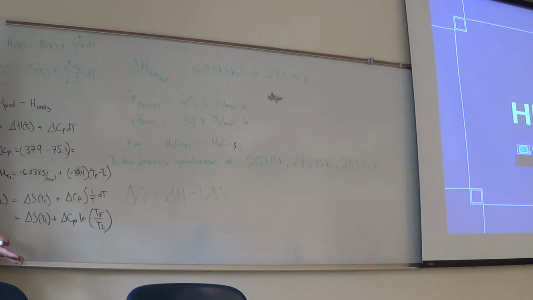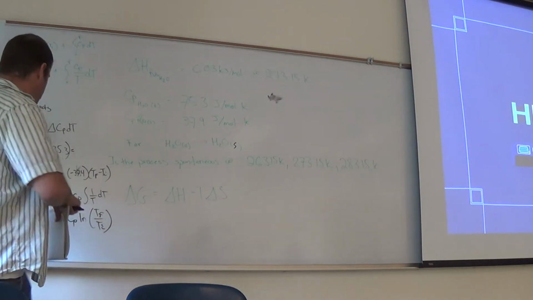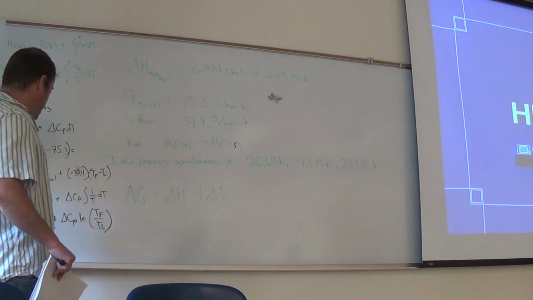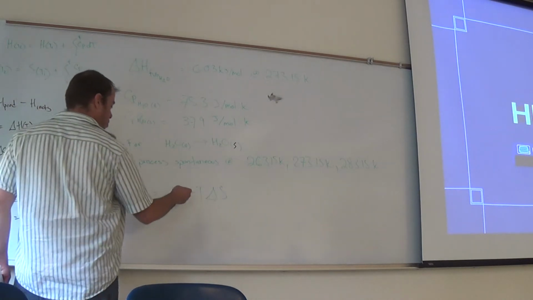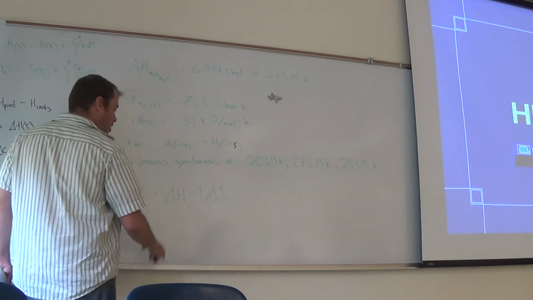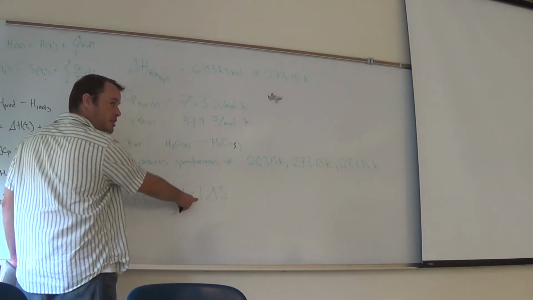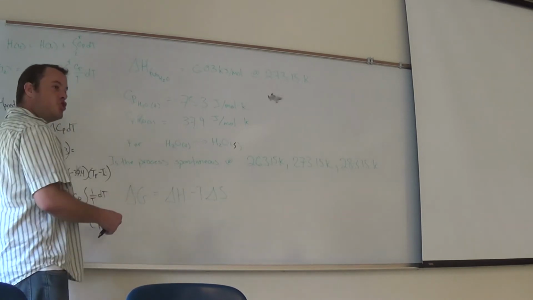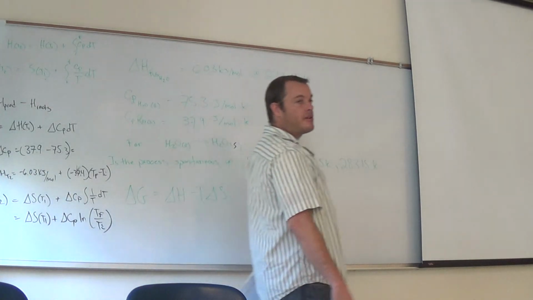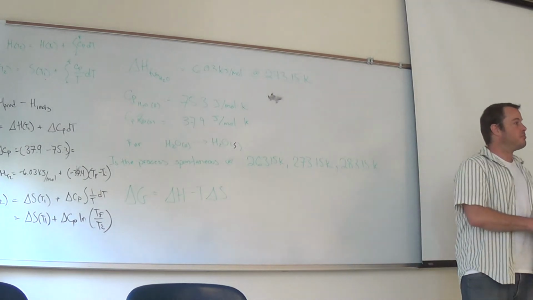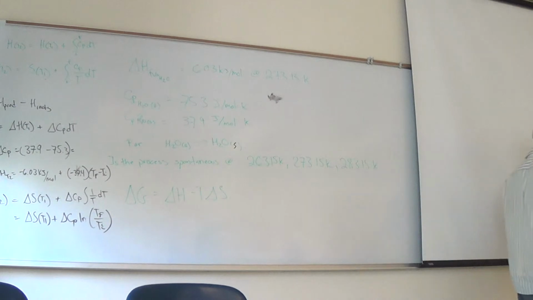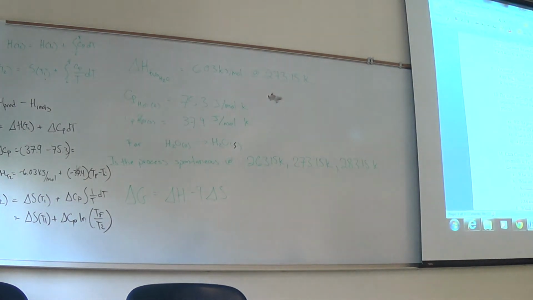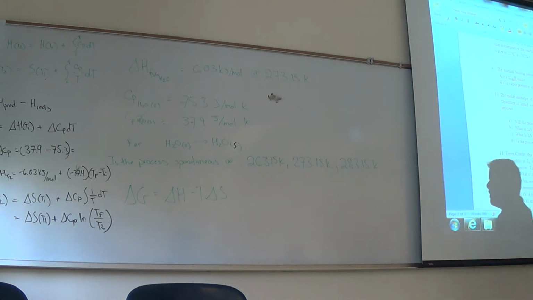And you know what T2 is, so all you're left to do is plug in the appropriate delta C sub P's and natural logs of T final over T initial, solve for delta H, solve for delta S, plug them into this expression, multiplying by the appropriate temperature, and calculate delta G. Once you have delta G, simply determine whether it's positive, negative, or zero at the temperatures you're looking at. You're looking at 260, 270, and 280.